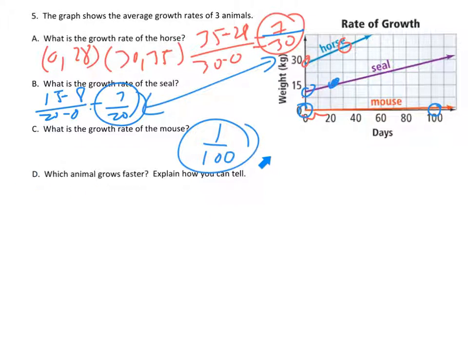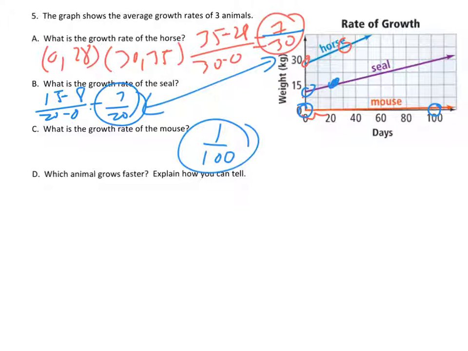So on my quiz and my test, I'm not going to ask you for the actual slopes when they're this ugly. What I will ask you is, which animal grows faster? How do you know? Well, the horse, you can clearly see, has a steeper slope. You can see that it rises much more quickly. In 30 days, clear up here to well, there's the issue, isn't it? That's about 38, not 35.